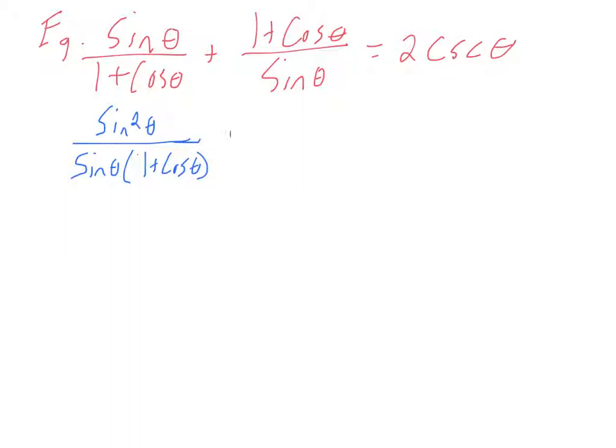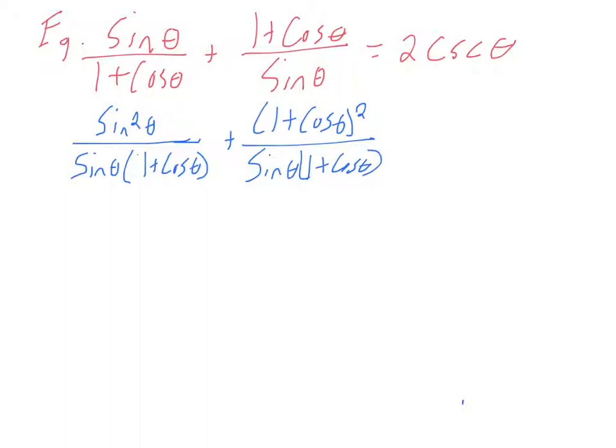Okay, and then over here, I'm going to multiply the top and the bottom by 1 plus cosine theta. So I'm going to end up with 1 plus cosine theta squared over sine theta times 1 plus cosine theta. And for now, I'm going to keep the bottom of that other one factored.